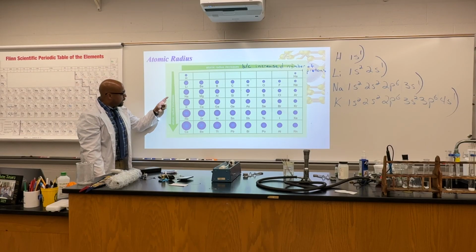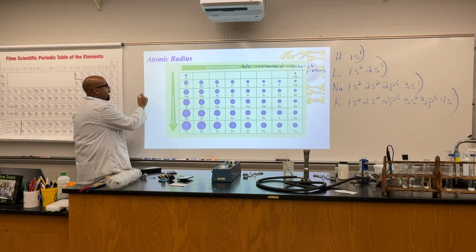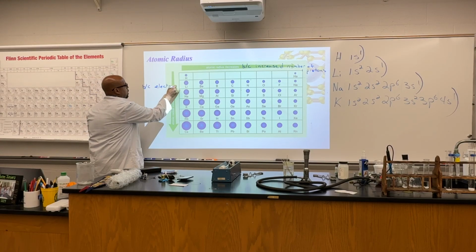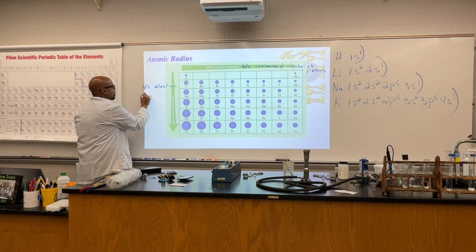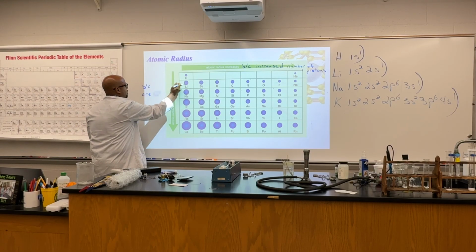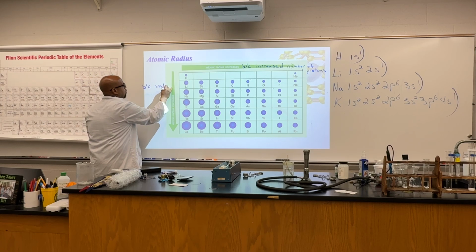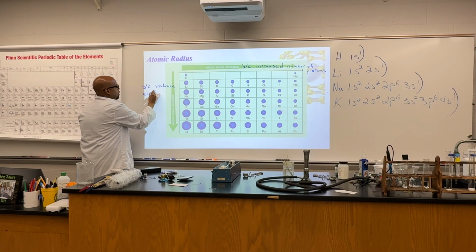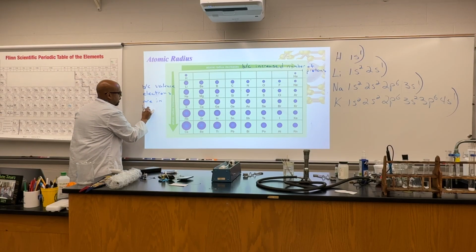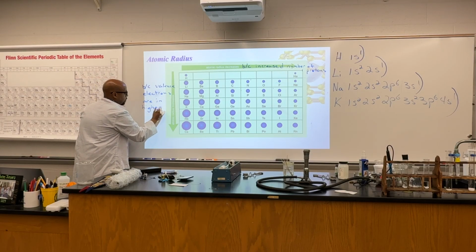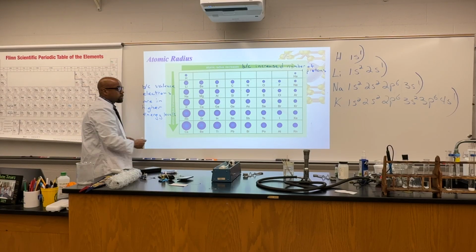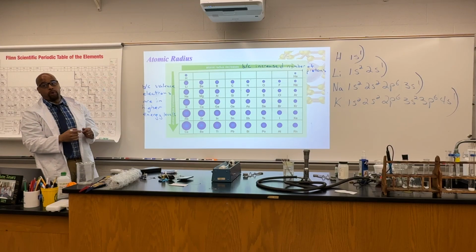The atomic radius increases as we go down because the valence electrons are in higher energy levels. And of course, if they're in higher energy levels, that simply means they're further away from the nucleus.